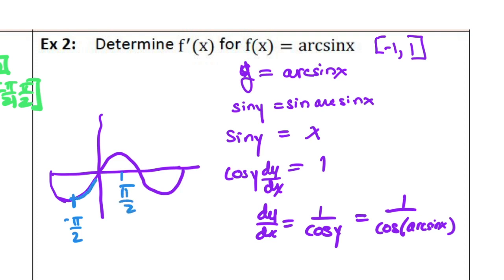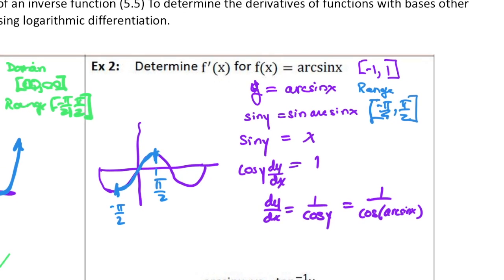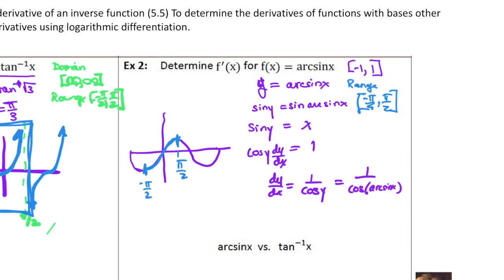So really, we're just going to consider this one bit of the entire sine function whenever we talk about an arc sine. So the domain of the arc sine is going from -1 to 1, and the range of your arc sine is going from negative pi over 2 to pi over 2. In that case, once we make those restrictions, the inverse of the function will exist.